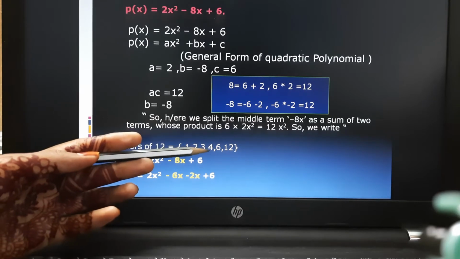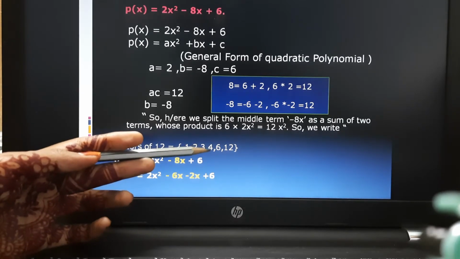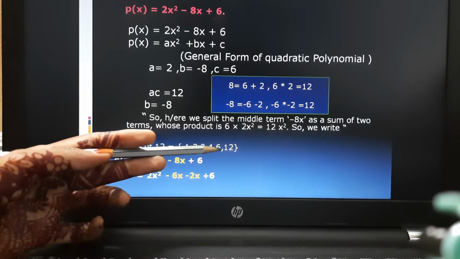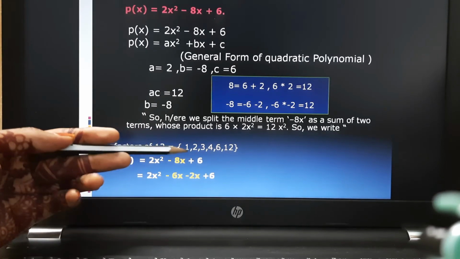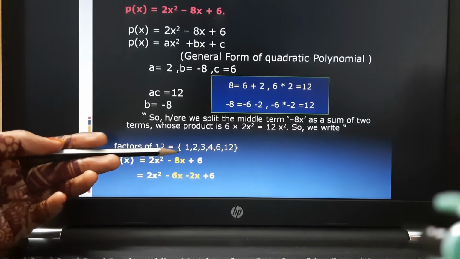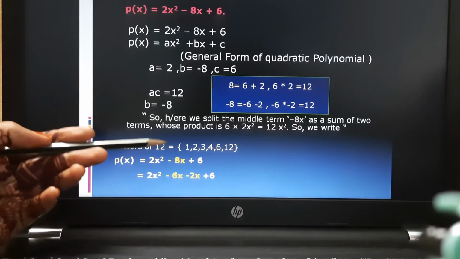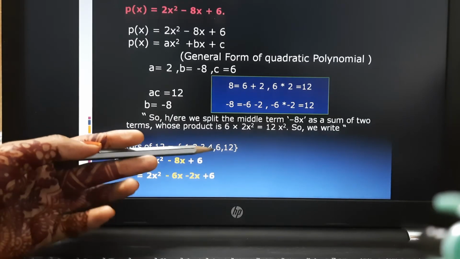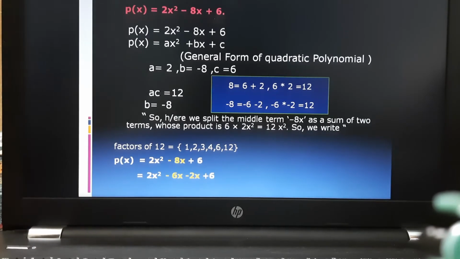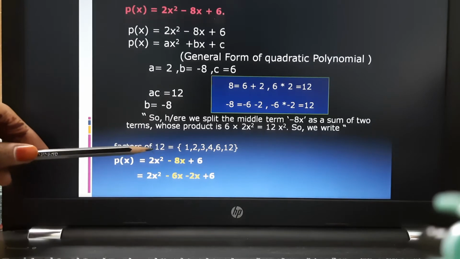So 1, 2, 3, 4, 6, 12 are the factors of 12.